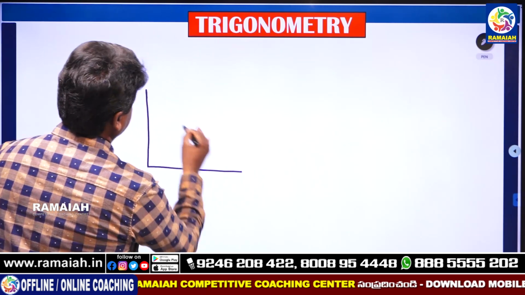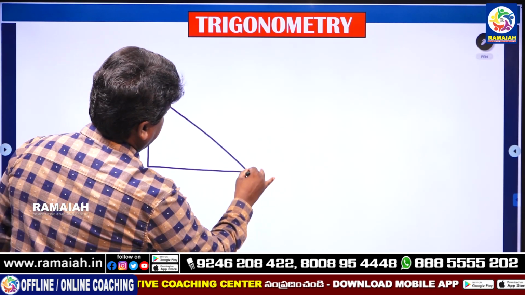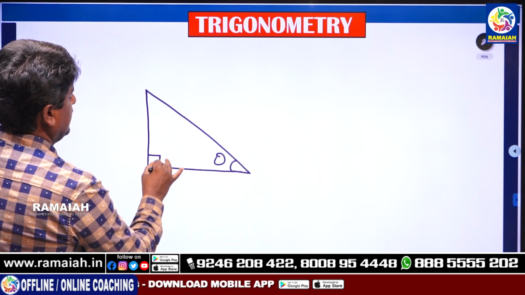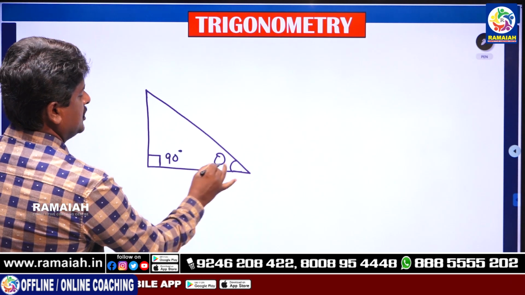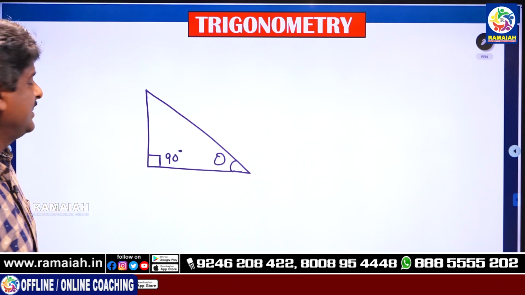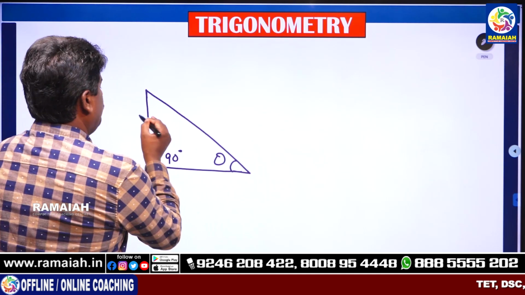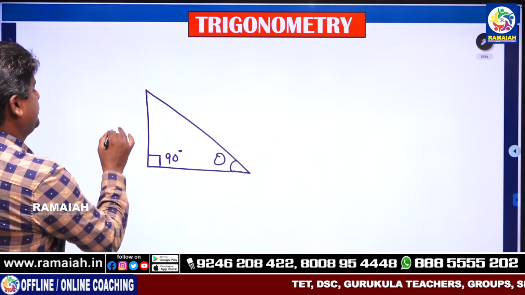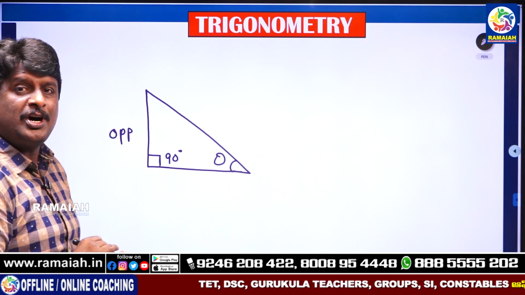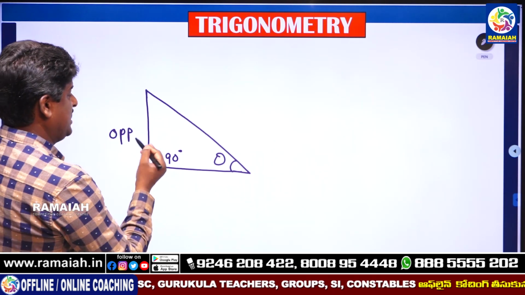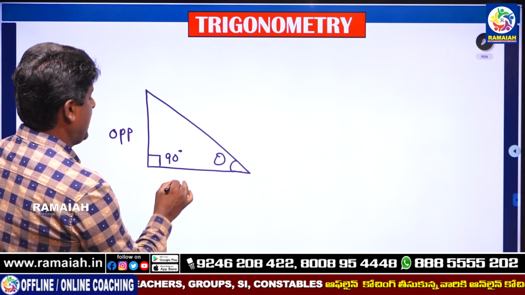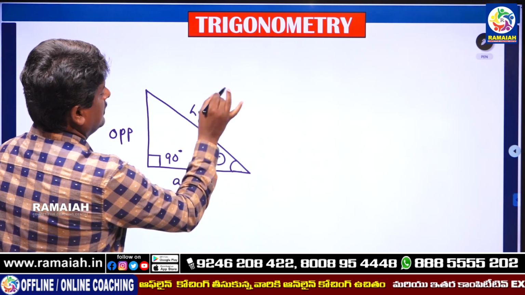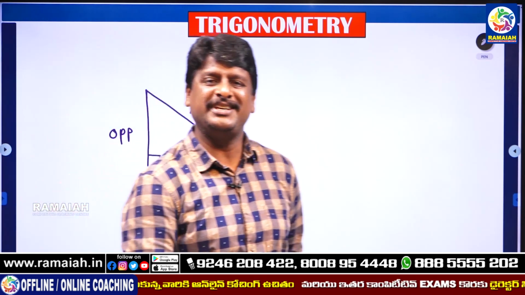This is a right-angled triangle, with an angle theta somewhere here. The side of a right-angled triangle opposite to the angle theta is called the opposite side, and this is the side known as the adjacent side, and this is the hypotenuse.